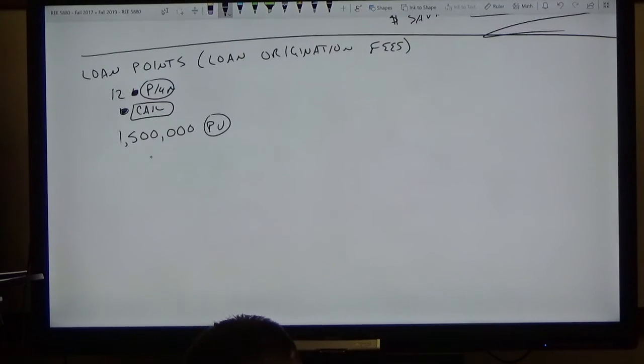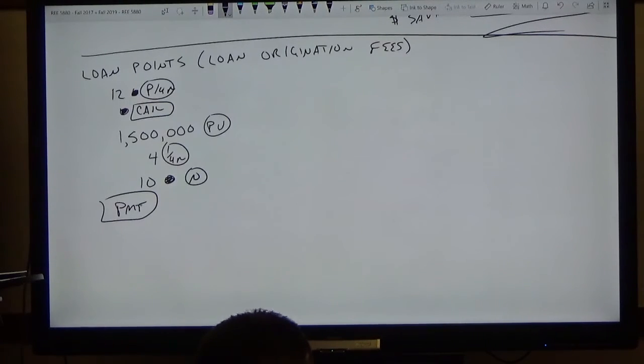Okay, interest rate? 4%. Term? 10 years. Okay, let's get our payment to start with. Okay, 15,186.77. Okay.